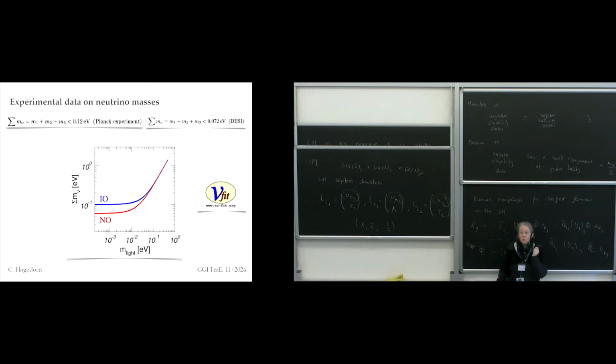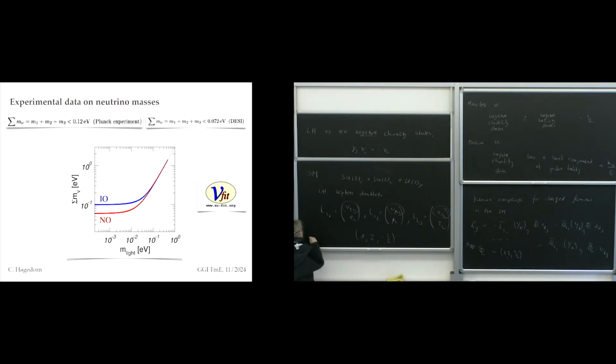So let's assume the simplest thing we can do. We try to make a copy out of one of these terms and do the same thing for neutrinos. So for this reason, we now look at what is the situation for down quarks and up quarks. Why do we take this as inspiration?